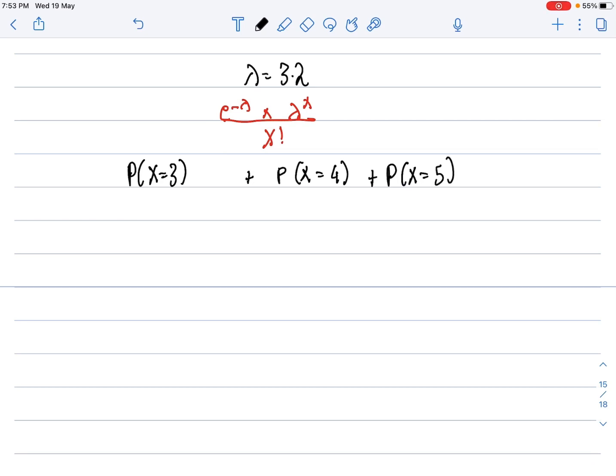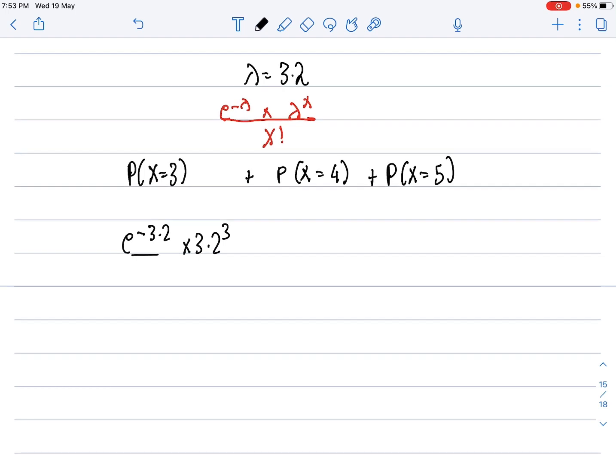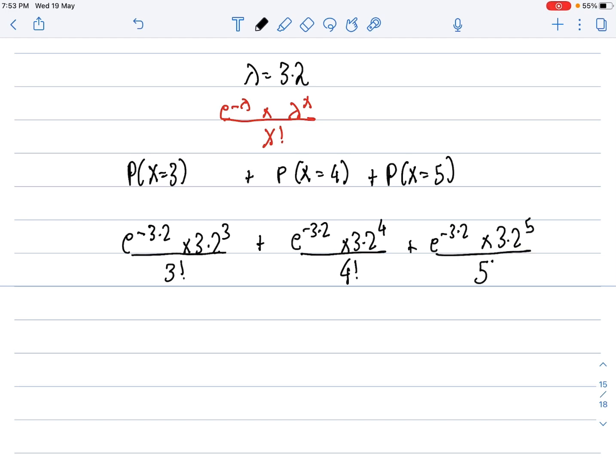I simply write this as e raised to minus 3.2 into 3.2 raised to 3 over 3 factorial, plus e raised to minus 3.2 into 3.2 raised to 4, because your x is 4 here, over 4 factorial, plus e raised to minus 3.2 into 3.2 raised to 5 over 5 factorial.